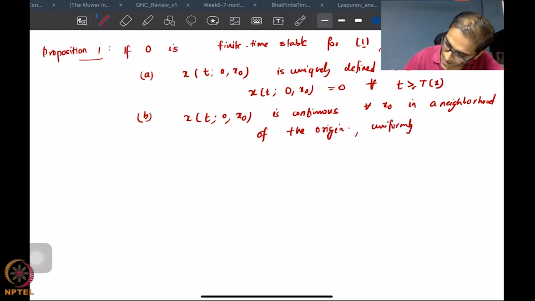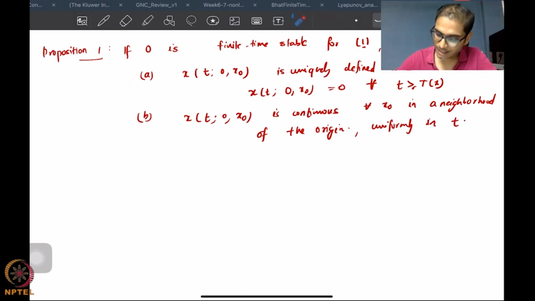Uniformly in time. Okay, so the first one says that the solutions go to 0 and will remain there forever. The second one says that the solutions are continuous in the initial conditions. This is important.